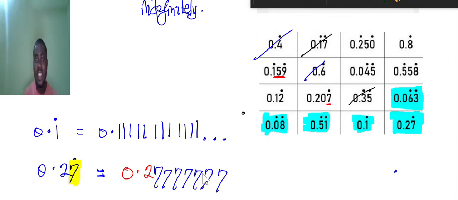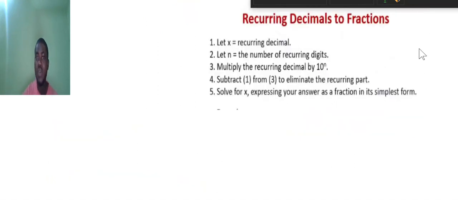Now let's look at the next thing. How do we convert recurring decimals to fractions, which is the most important thing with respect to this lecture. Now to convert recurring decimals to fractions, here are the rules.